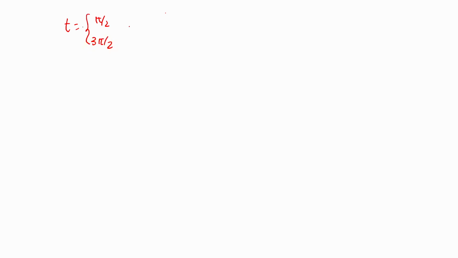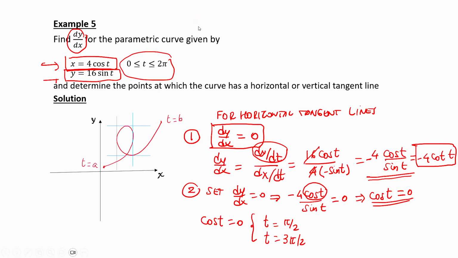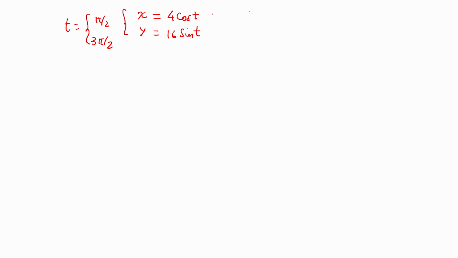So we have those two solutions. Now for t equals pi over 2, we are going to find the value for x and the value for y. We know that x is 4 cosine of t and y is 16 sine of t. That's what the equations are saying. So we just repeat those equations, and now we are going to substitute the value for t.